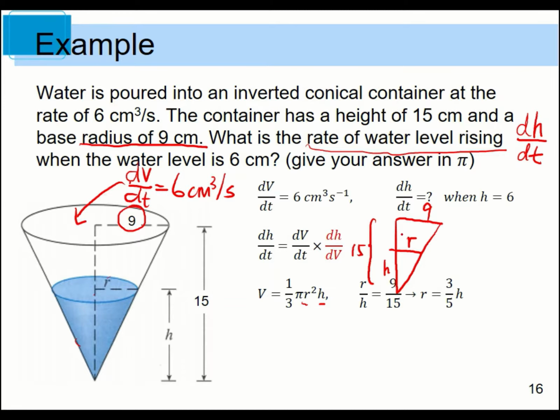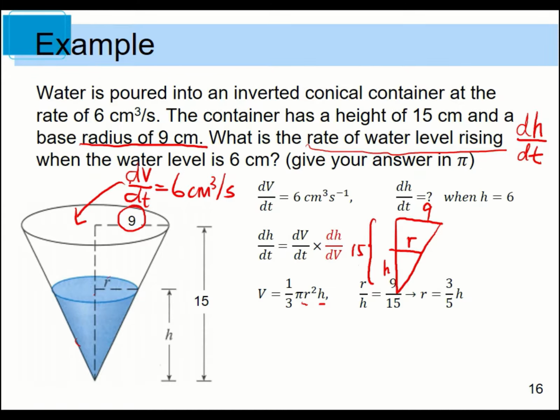Now, we can see here they are actually similar triangles, so we can write the ratio. R over H is equivalent to 9 over 15.